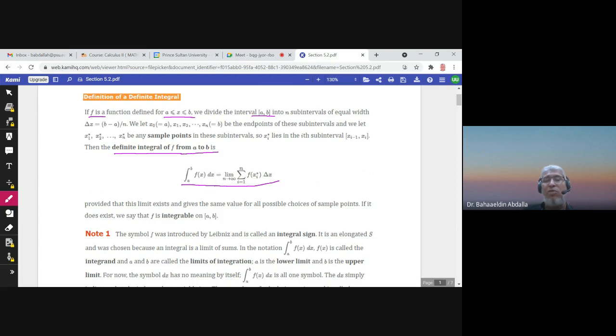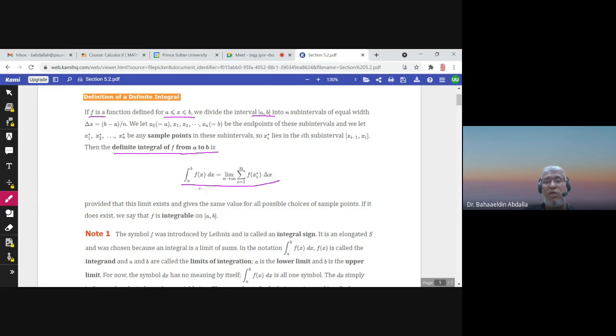Which means this is the area, if you also remember, below the curve of f from a to b. So the definite integral is the area below the curve of f of x from a to b. It is another symbol to use.